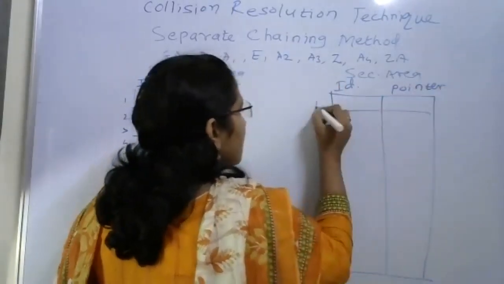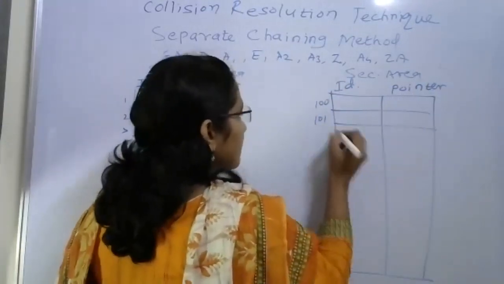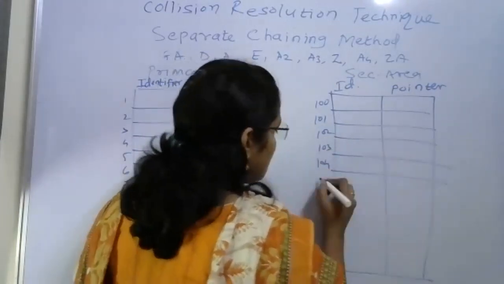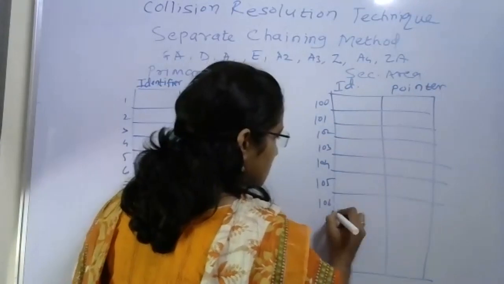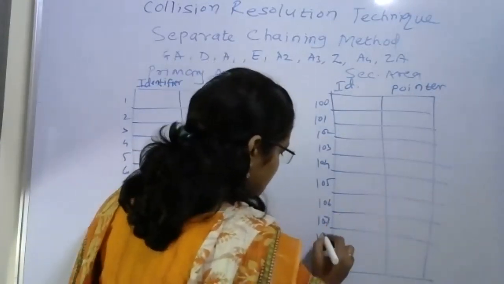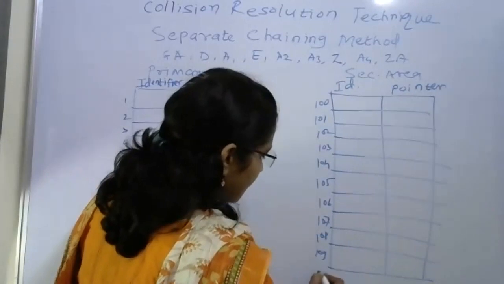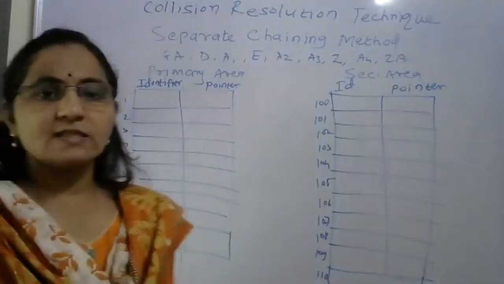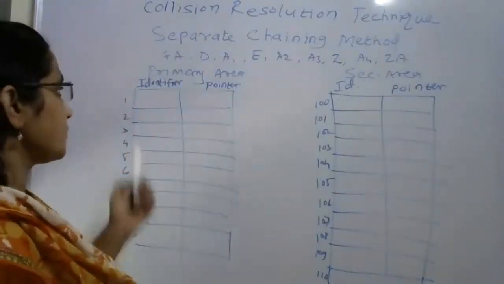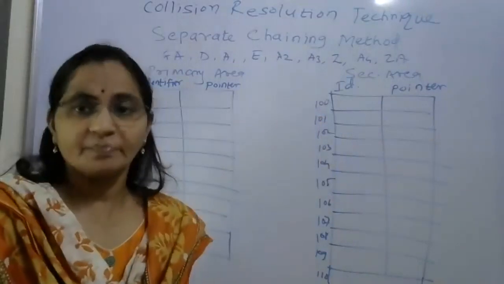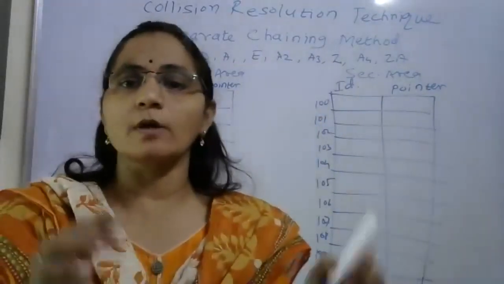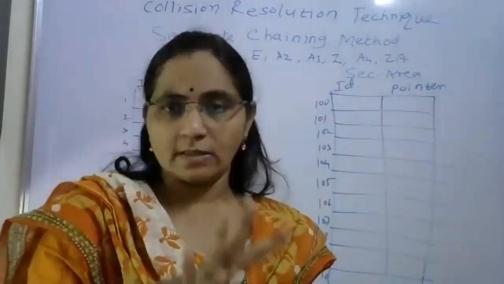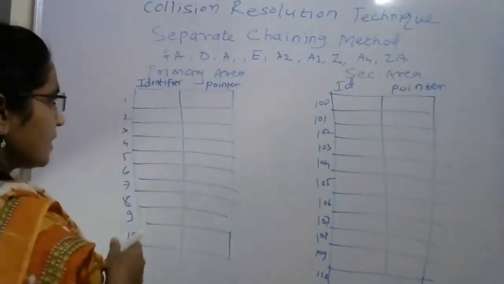Here, its own addresses, suppose 100, 101, 102, 103, 104, then 105, 106, 107, 108, 109, and 110. So these are the memory locations for the primary area and the secondary area. Very similar to the first method, you just calculate the address of a particular identifier, hash it, and keep it.